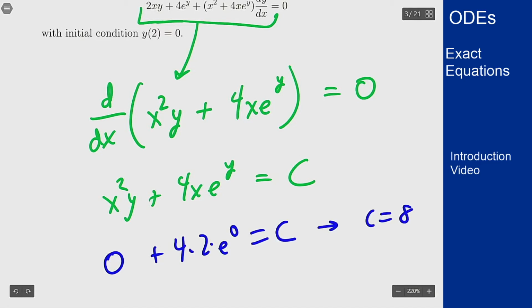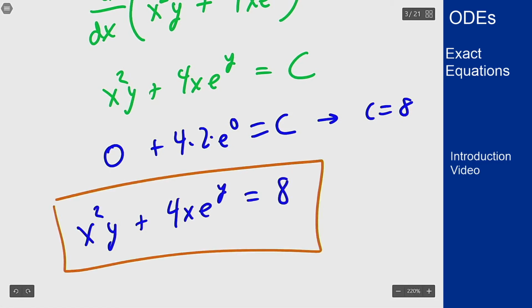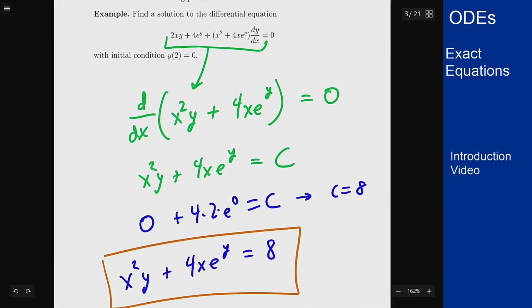So my solution is x squared y plus 4x e to the y equals 8, which is the function we had started with for the first part of this problem. So the point of this idea is, if I have an expression where the left-hand side is exactly the derivative in x of some function of x and y, then I can solve it this way. I can write it out in that form, integrate the whole expression, and then get to an answer by finding a value for the constant c.